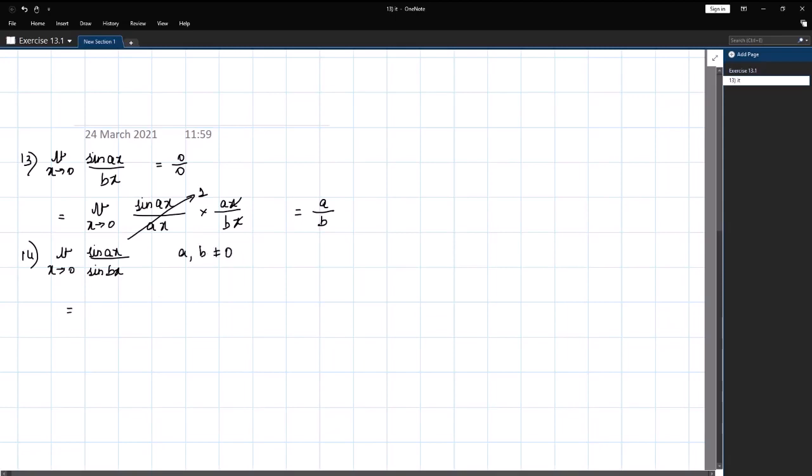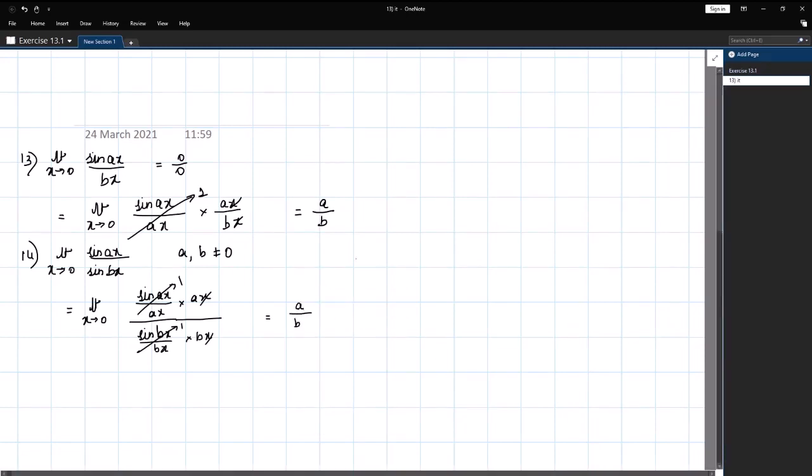So if we directly substitute this, we'll have 0 by 0, and limit x tends to 0, sine of ax divided by ax into ax divided by sine bx divided by bx into bx. So this term and this term will be equal to 1. And x gets cancelled, what is remaining is a by b.